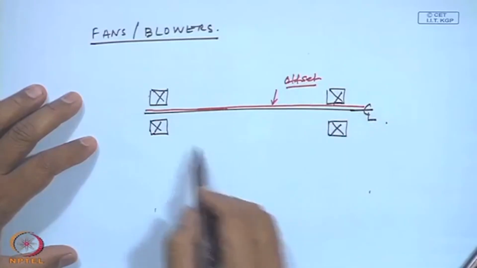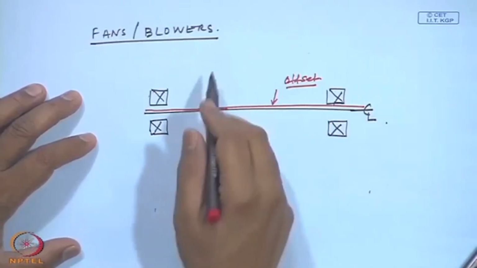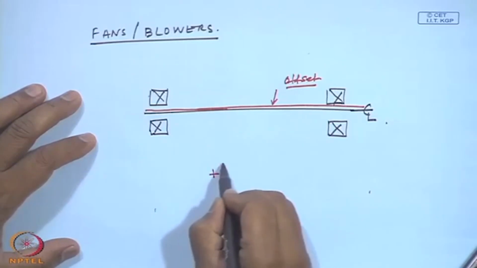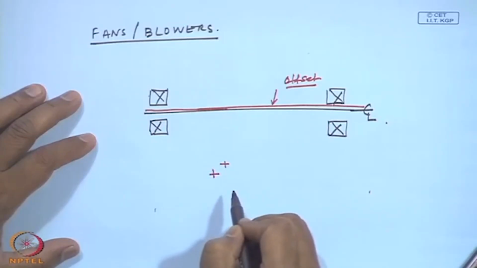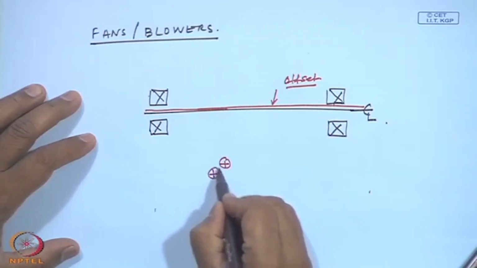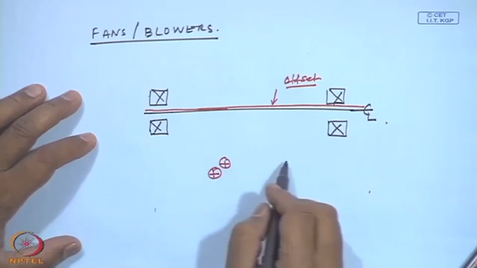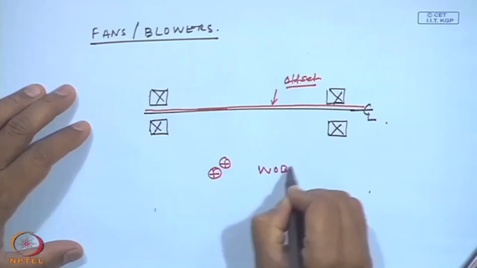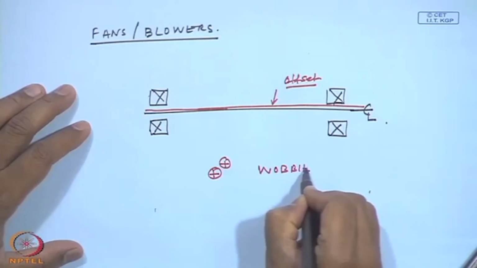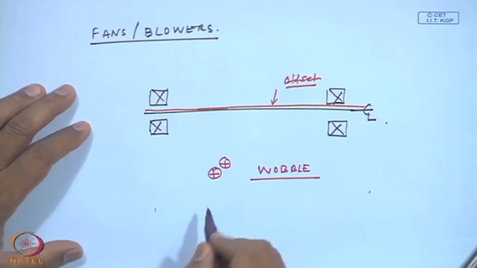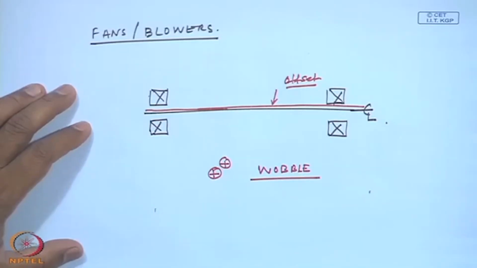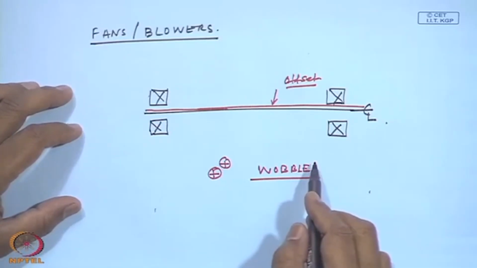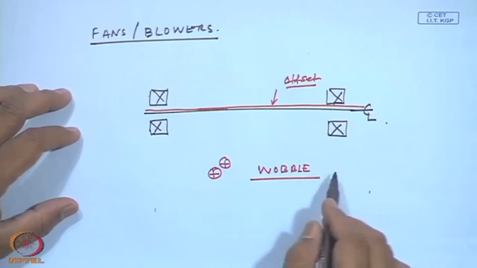So, this is going to give rise to unbalance. When the geometric center does not match with the line which connects the center of mass, then there will be a problem, and then things will wobble. So, wobbling will lead to the case of unbalance as well. So, while installation, people have to take care of these issues also.